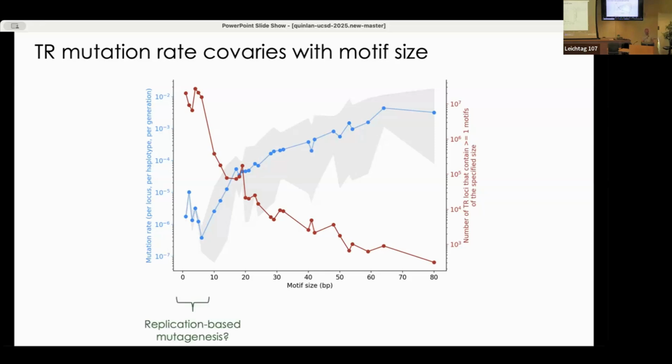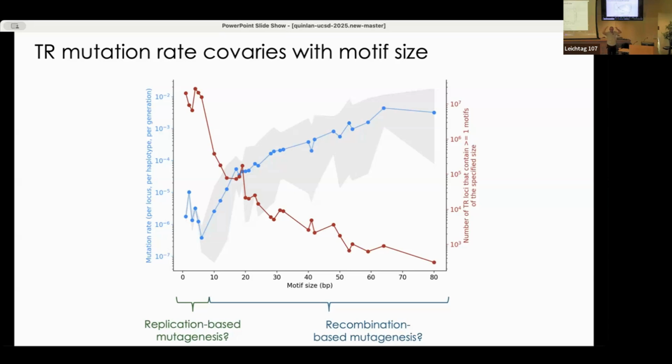And so what we're working on methods to test now using these long read sequencing technologies is a hypothesis that, we think about these mutations as being replicative. DNA slippage on a lagging strand or replication that leads to an expansion or contraction in short tandem repeats. But what we think we're seeing is a transition from largely a replication-based mutagenesis for the short repeats to more of a hybrid or more recombination-based mutagenesis for these longer ones.